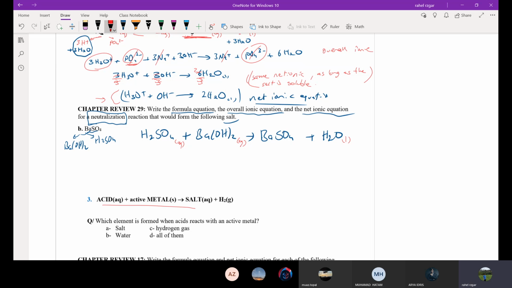So in here, since it comes with barium, it is insoluble. It becomes a solid.